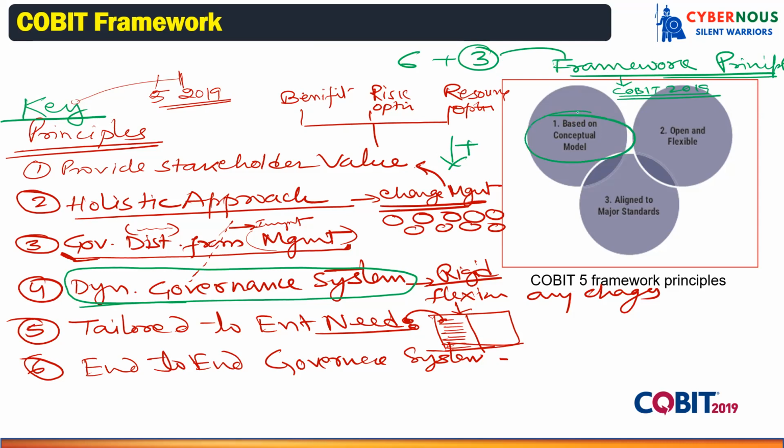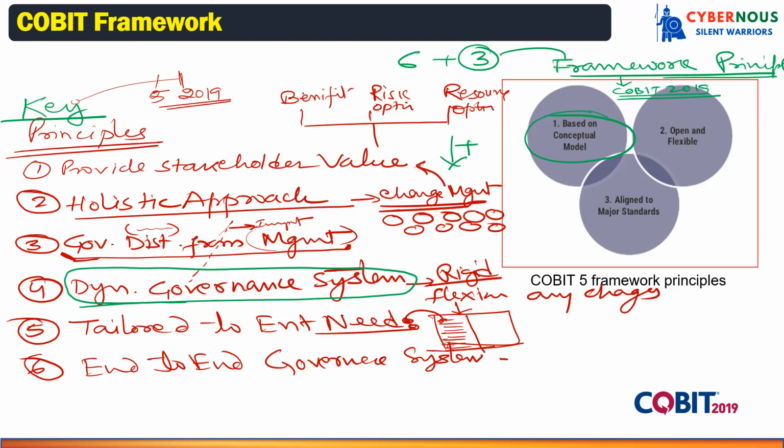That means everything defined here is based on concepts well understood over a period of time, but it is not a solution to a particular problem. It is a high-level guidance based on concepts.